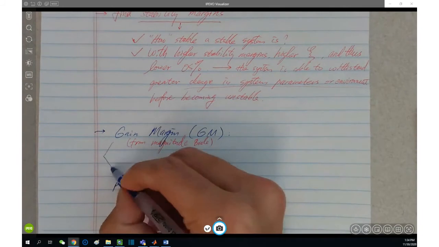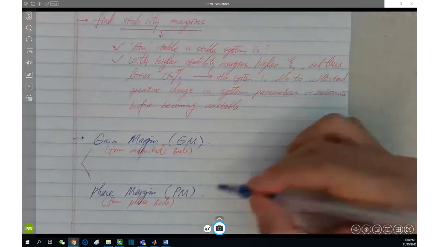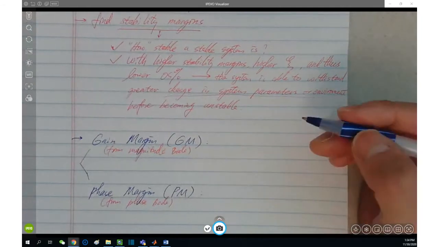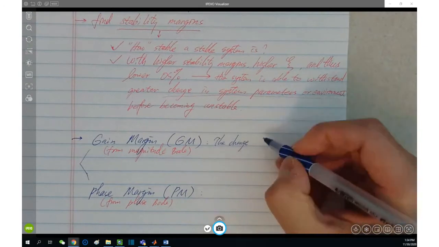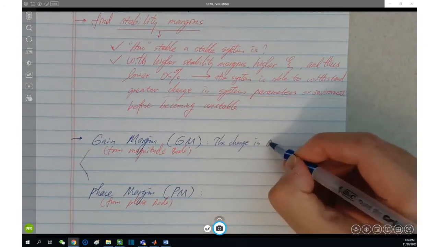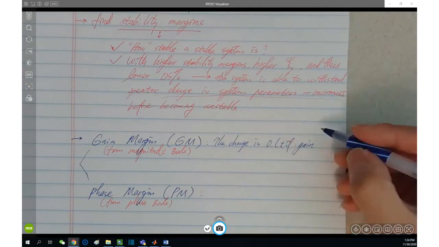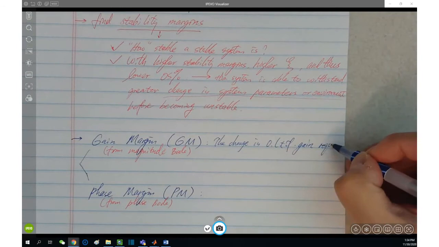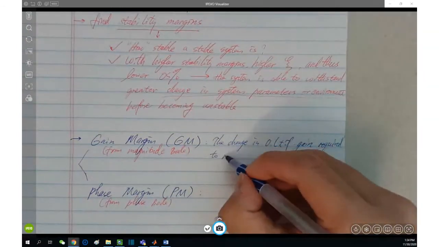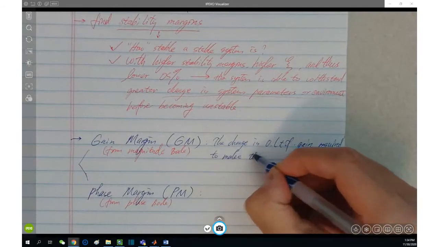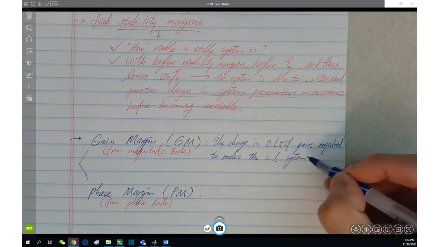Then let's briefly describe them respectively. The GM means the change in open loop transfer function gain required to make the closed loop system unstable.